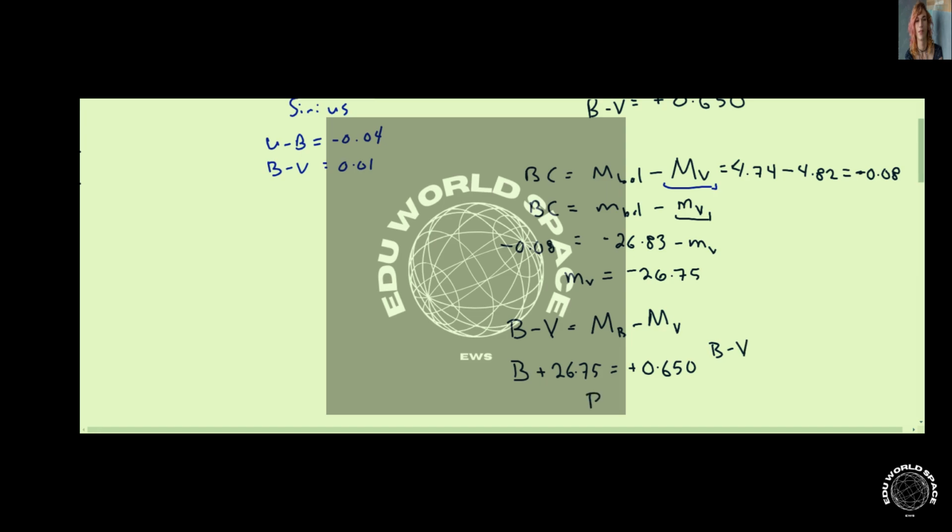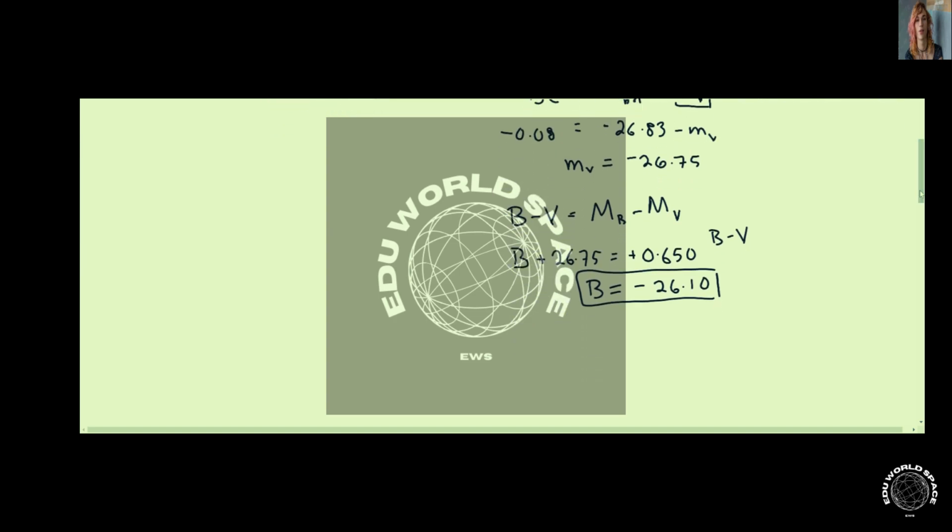And we can actually solve for the B. It is minus 26.10. And then we can even solve for the absolute magnitude in the blue filter.